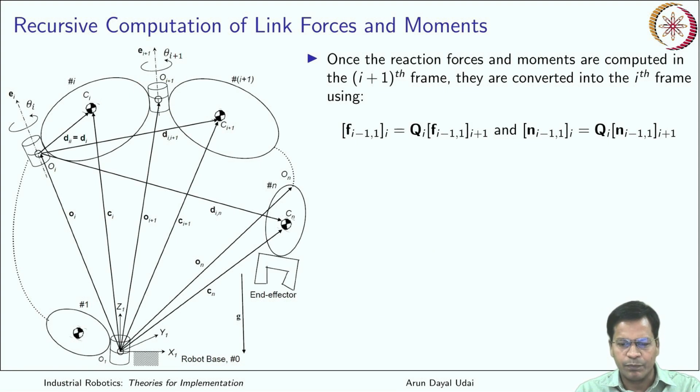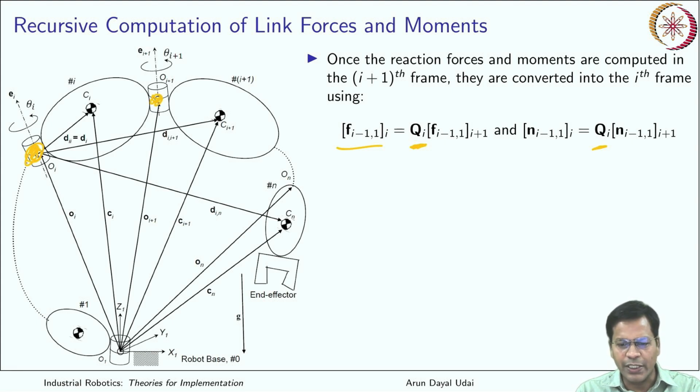Okay, and then you transfer that to this location. How? Using the link transformation matrix, that is the orientation change that is happening from here to here.